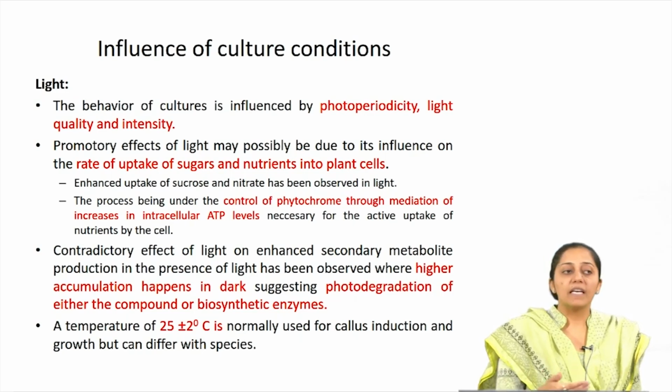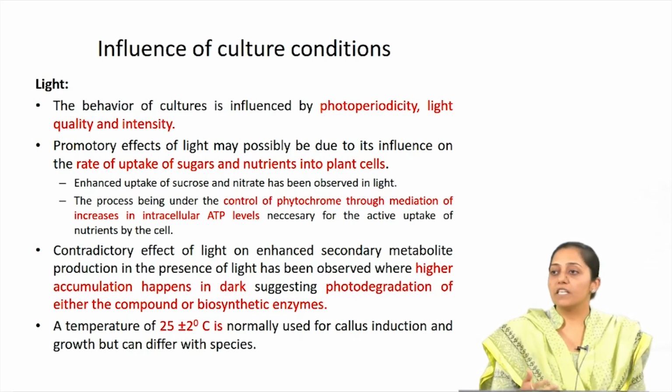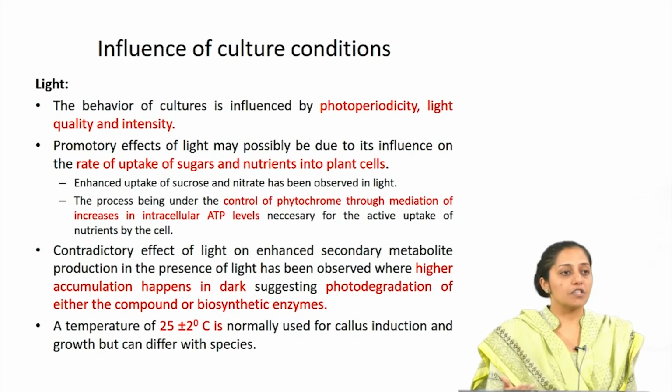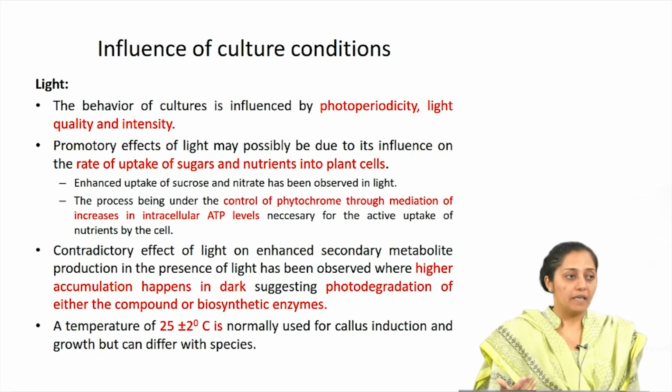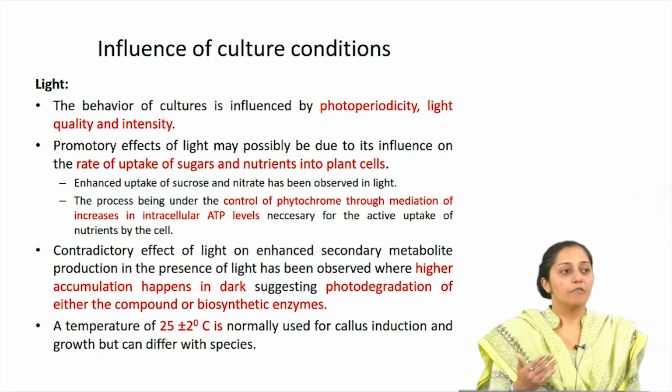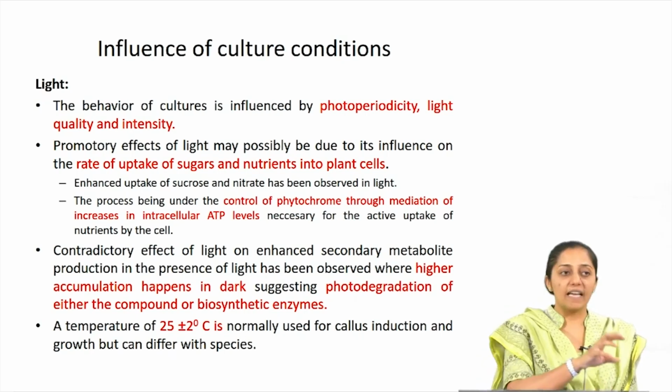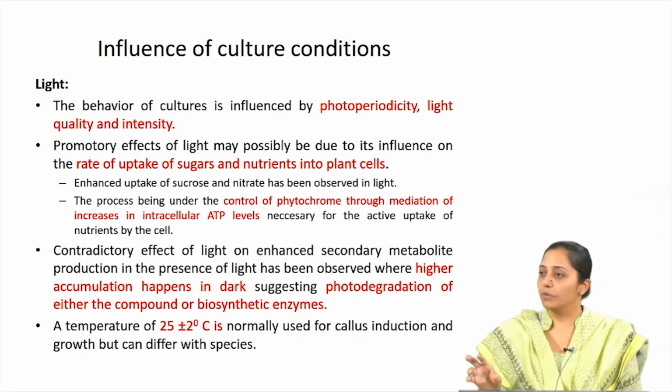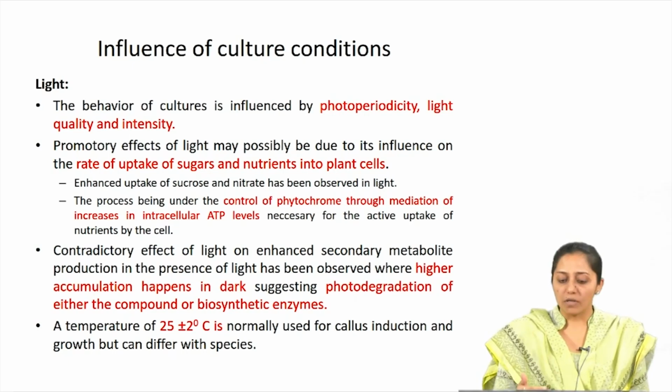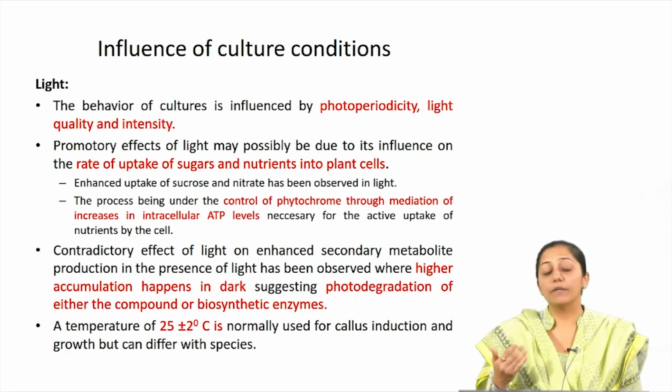Now, I was saying an indirect effect, some of these might lead to enhanced production of ATP, which in turn may facilitate the active transport of the nutrients. The process being under the control of phytochromes.